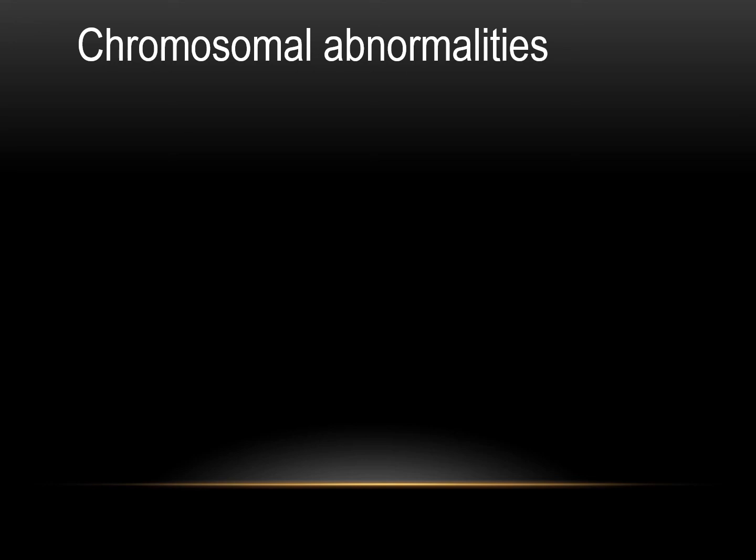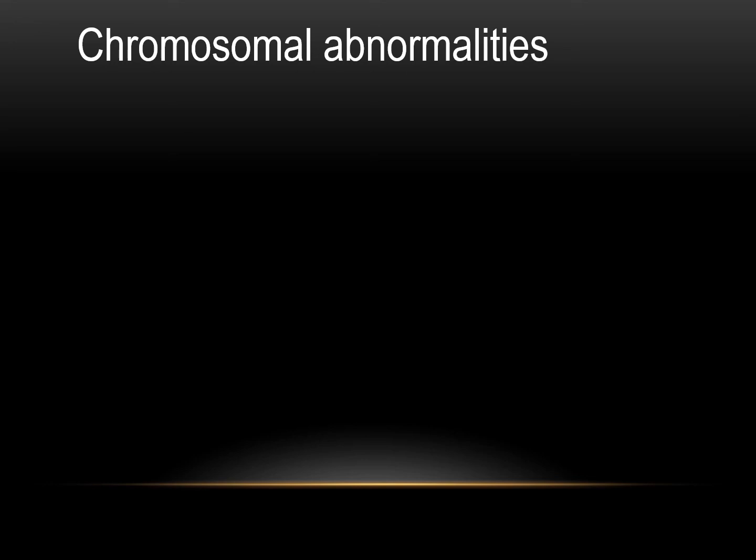It takes place in a process called non-disjunction. And non-disjunction basically means that your homologous chromosome pair fails to split up into its duplicated chromosomes during meiosis I, or during meiosis II, your duplicated chromosome fails to split up into its daughter chromosomes.